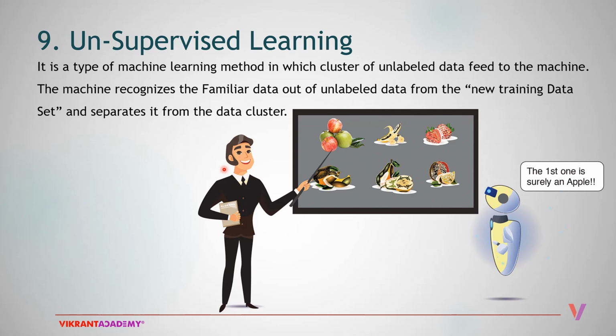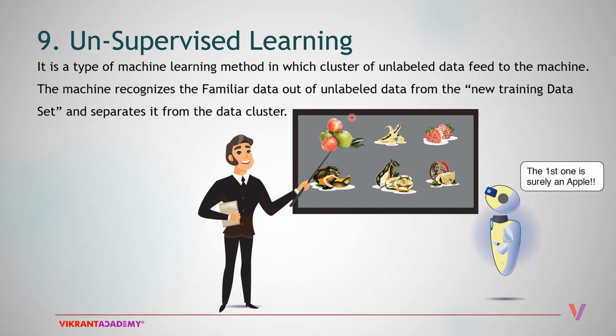Next is unsupervised learning, in which a cluster of unlabeled data is fed to the machine. The machine recognizes the familiar data out of the unlabeled data from the new training data set and separates it from the data cluster. Earlier we fed the machine the data of apples and their traits and how they look.